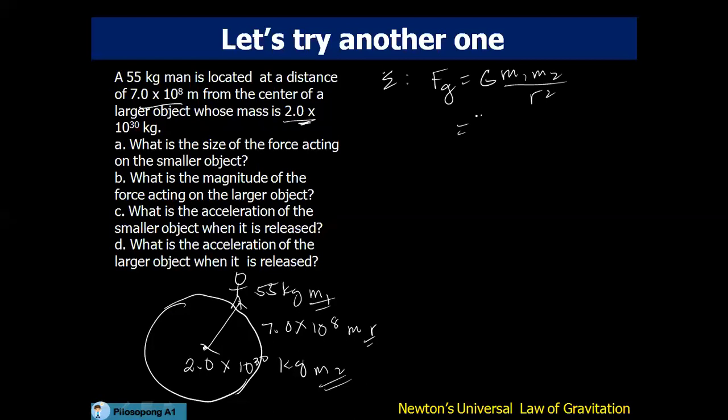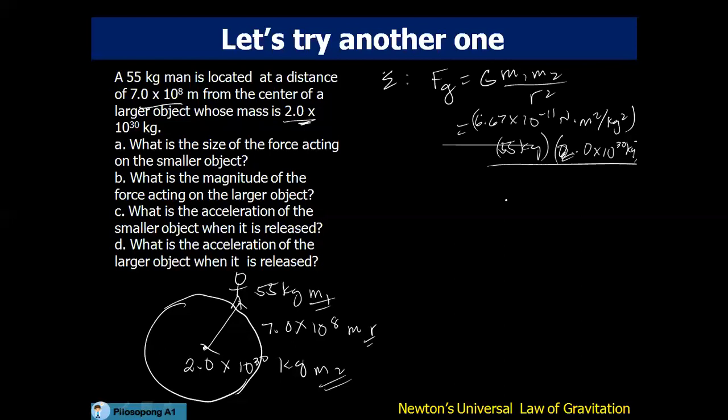Substitute the value of G, that is 6.67 times 10 raised to negative 11 newton meter squared per kilogram squared, multiplied by the mass of the first object, 55 kilograms, times 2.0 times 10 raised to 30 kilograms, all over the distance of 7.0 times 10 raised to 8 meters squared.